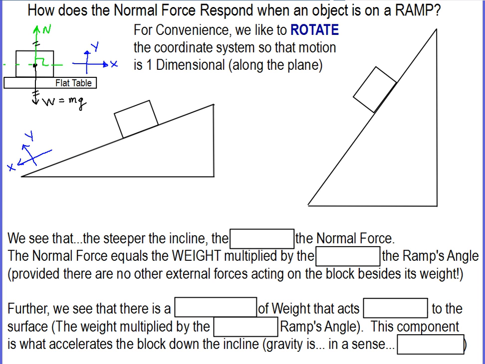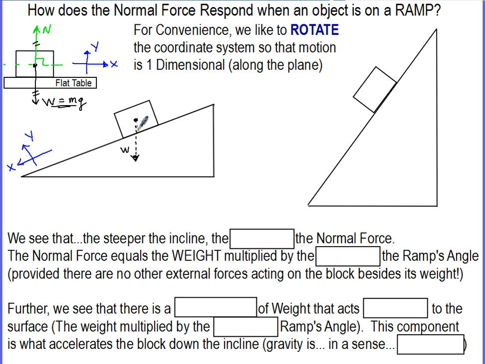Now, let's take a look at that weight. Remember, the weight is always straight down, and its size is always calculated by m times g. So regardless of where I am and what kind of ramp I'm using, the weight force would always be m times g. Now, I'm drawing this as a dashed line because we're going to change that weight force into 2 components.